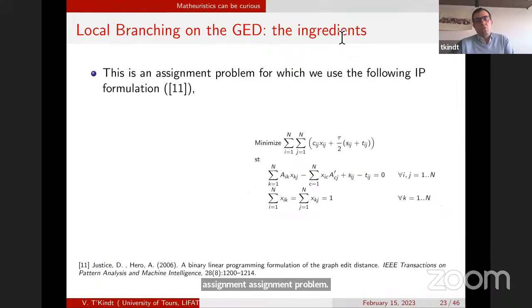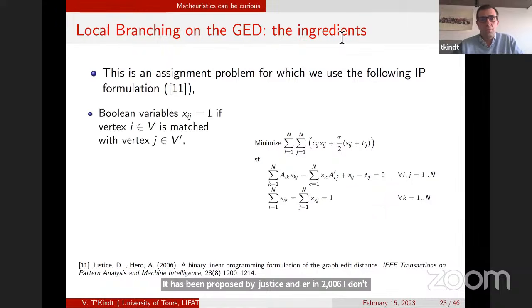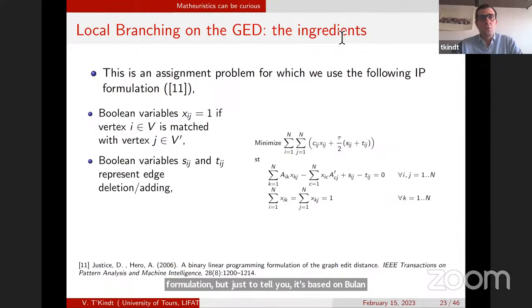To design a local branching heuristic, we used an existing IP formulation, which is in fact quite effective. It has been proposed by Justice and Hero in 2006. I won't go into the details of this very particular and tricky formulation, but just to tell you, it's based on Boolean variables x_ij equal to 1 if vertex i is matched with vertex j, and we also use Boolean variables s_ij and t_ij to represent edge deletion or adding.